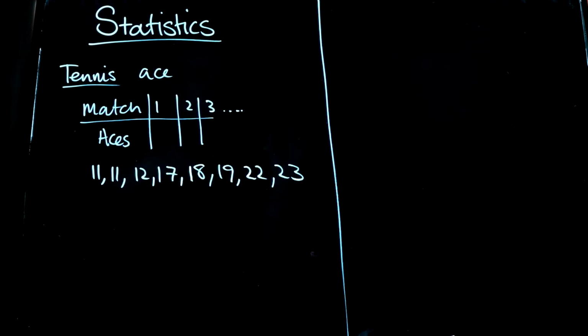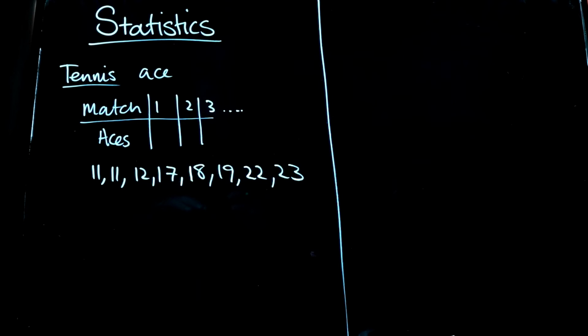When they serve it, the ball goes into the service box, and the opponent does not get to return the serve or get their racket onto the ball. So it seems like this guy's a good tennis player, and he's getting some aces here. So it's all set out in the table.